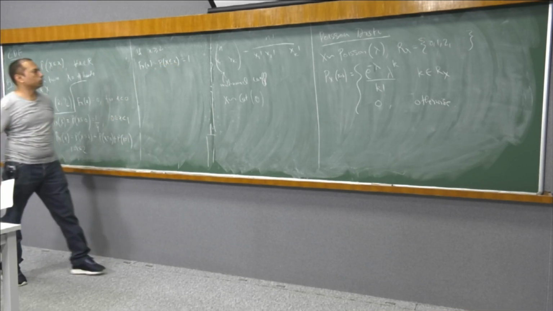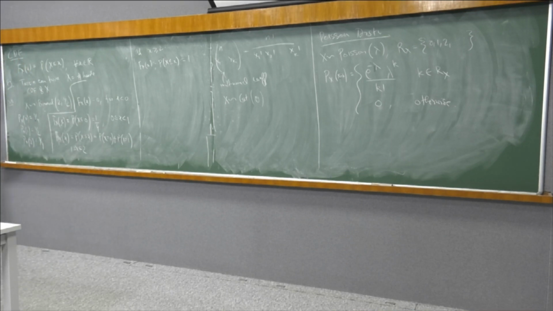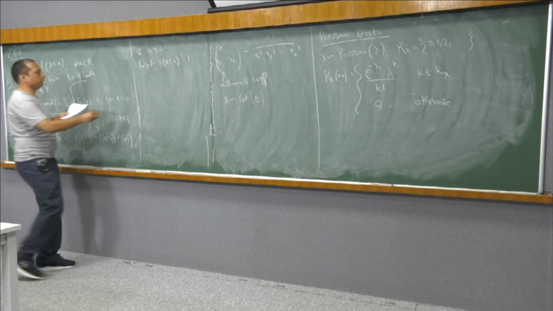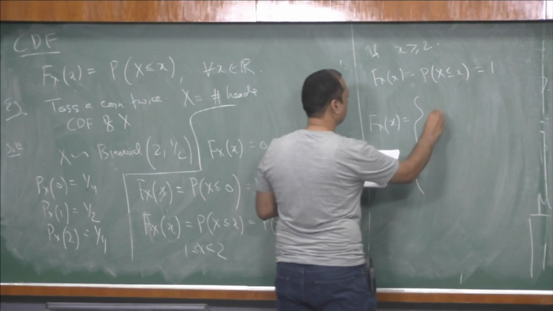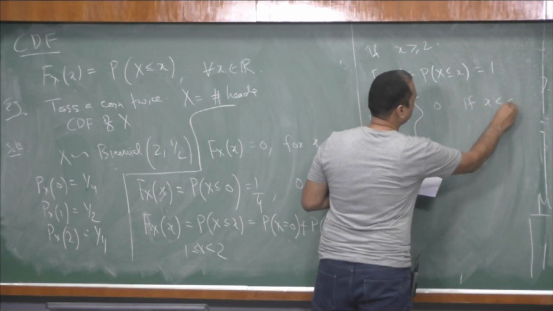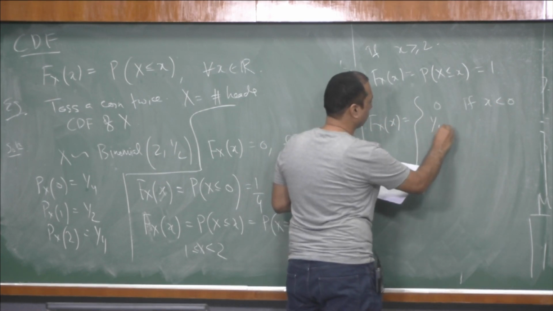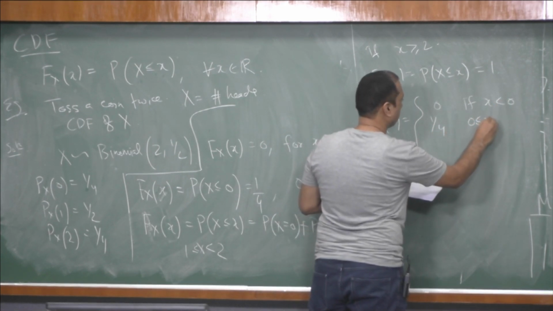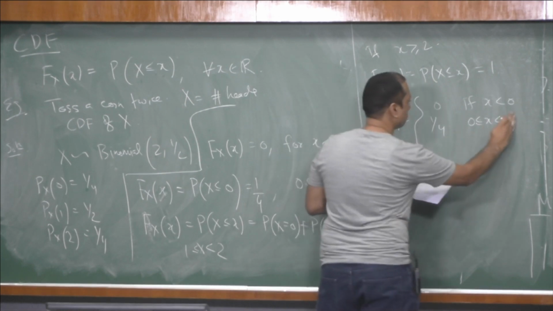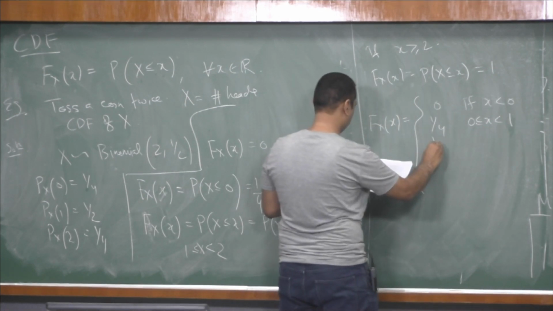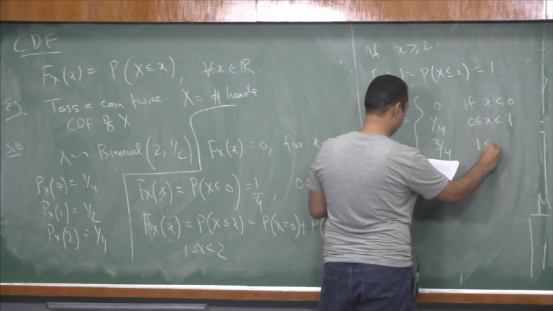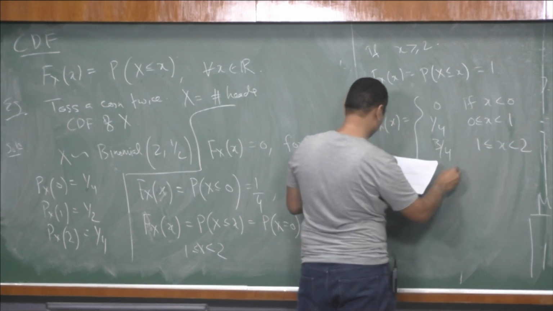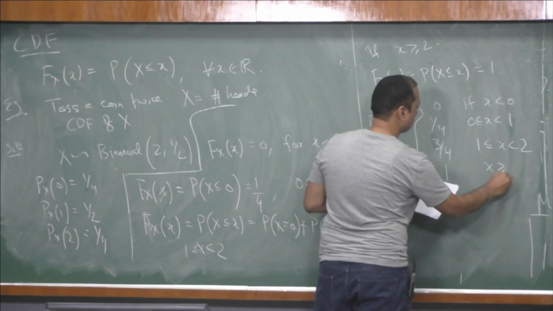So obviously the sum of all those cases will be 1. Now I can write the CDF as a full thing. Combined, it's 0 if x is less than 0, 1 by 4 for 0 less than or equal to x less than 1, 3 by 4 for 1 less than or equal to x less than 2, and 1 for x greater than or equal to 2.